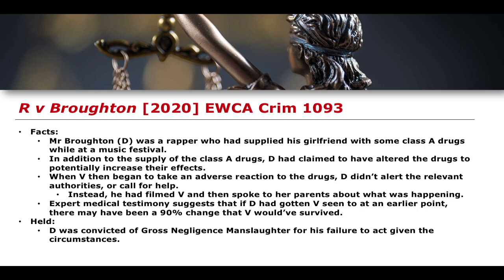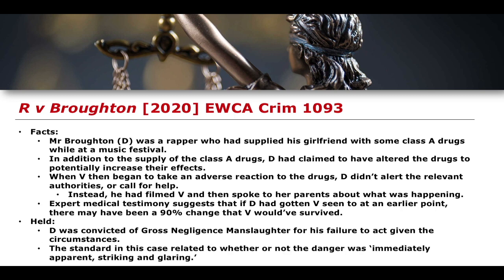And this was gross negligence in the case of the omission. He had failed to act in the circumstances in a way that would have been reasonable. The standard in this case related to whether or not the danger was immediately apparent, striking, and glaring.